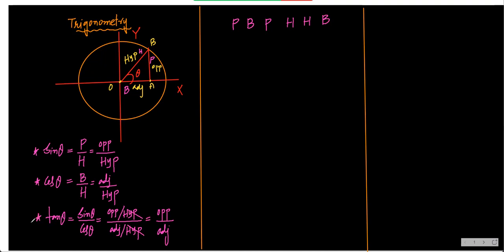The rest of them are reciprocal ratios. These reciprocal ratios we also write here. The reciprocal of sin, opposite by hypotenuse, is cosecant theta, and its value will be the reverse of this, that is hypotenuse by opposite.